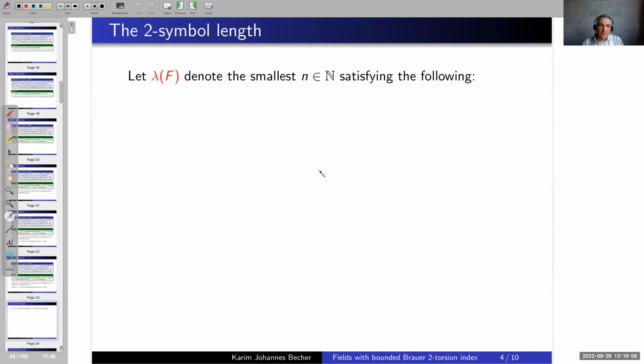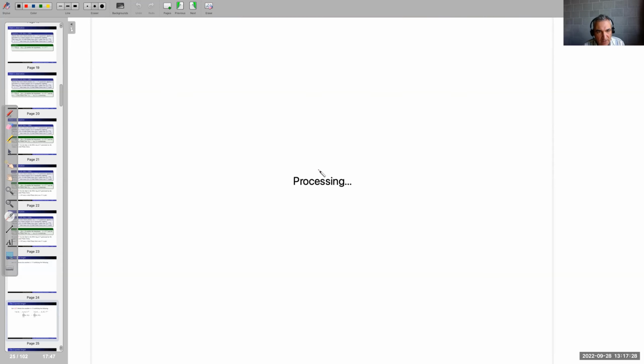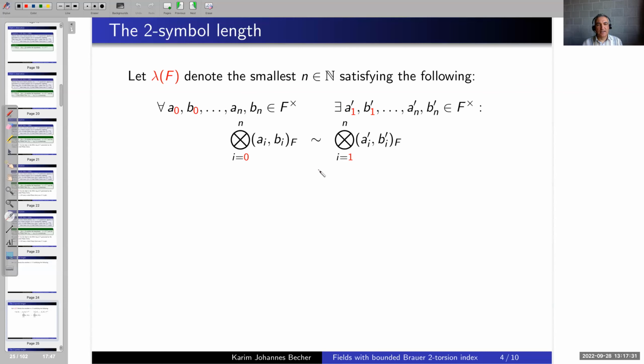And let me also reformulate the hypothesis where I said the n+1 quaternion algebras can be shortened. So I introduced this one invariant for today, the 2-symbol length. The 2 is referring to the fact that the quaternion algebras live in the 2-torsion part of the Brauer group. So we take lambda of F, called the 2-symbol length, the smallest natural number n such that a tensor product of n+1 quaternion algebras is always equivalent to a tensor product of n quaternion algebras.